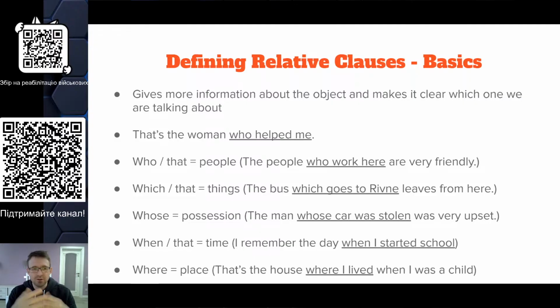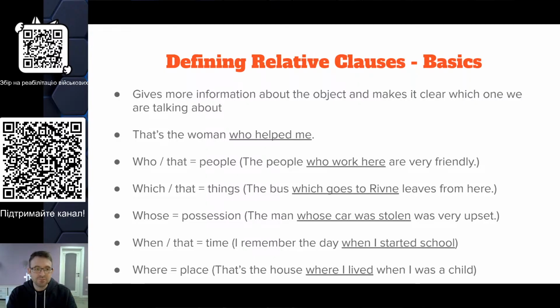So first of all, what is a defining relative clause? A defining relative clause is one which gives more information about an object, and it makes it clear to the listener or to the reader exactly which one we are talking about. So, for example, if we say, "That's the woman who helped me."